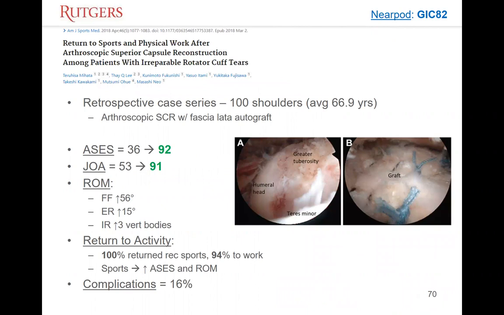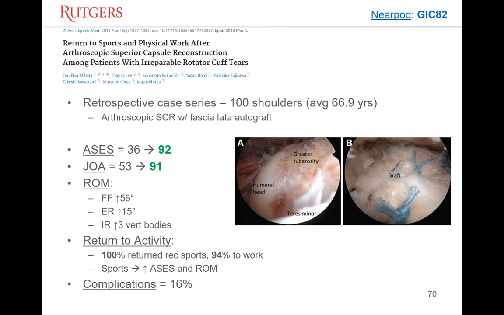Mihata was the first to describe the superior capsular reconstruction, and in 2018, he reported on the outcomes of his cohort of patients with a focus on return to sports and work. He treated 100 patients with arthroscopic superior capsular reconstruction using a fascia lata autograft over the course of 7 years. Preoperatively, 60 of the 100 patients either participated in recreational sports or had physically demanding jobs.